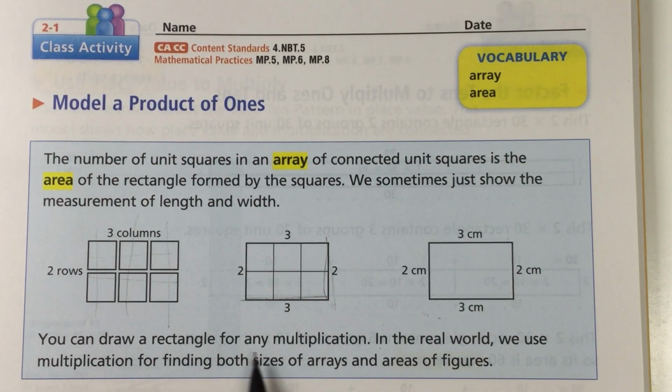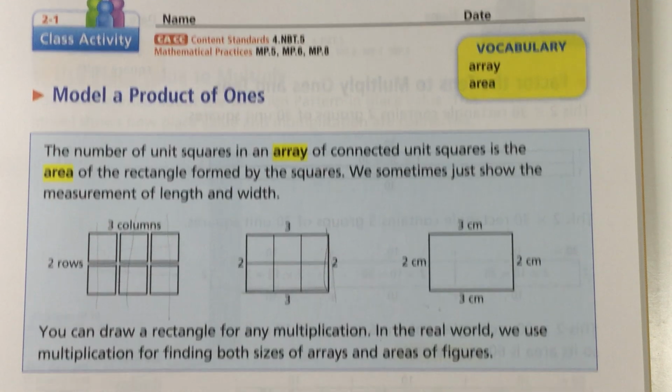You can draw a rectangle for any multiplication. In the real world, we use multiplication for finding both sizes of arrays and areas of figures. So you can also think about this, of course, as 3 times 2 equals 6. There are 6 boxes inside this shape.